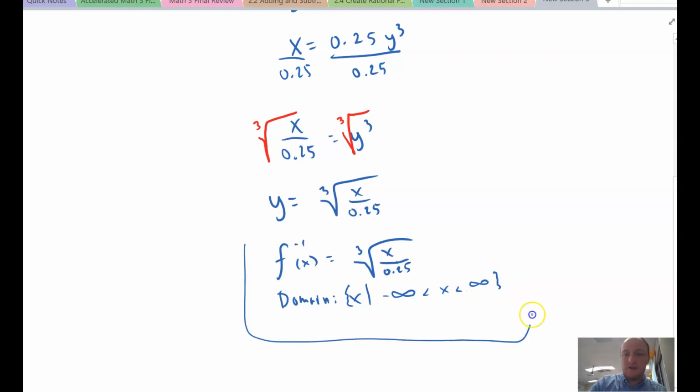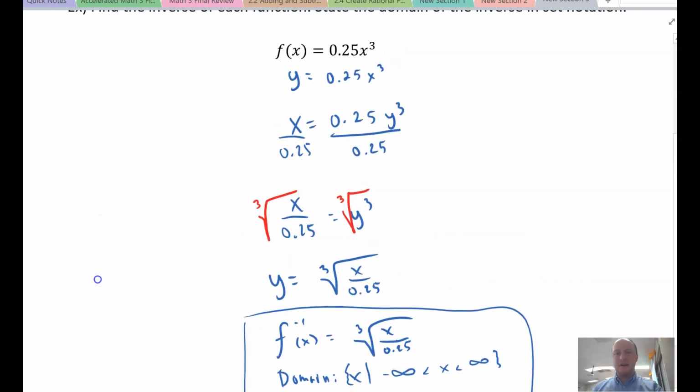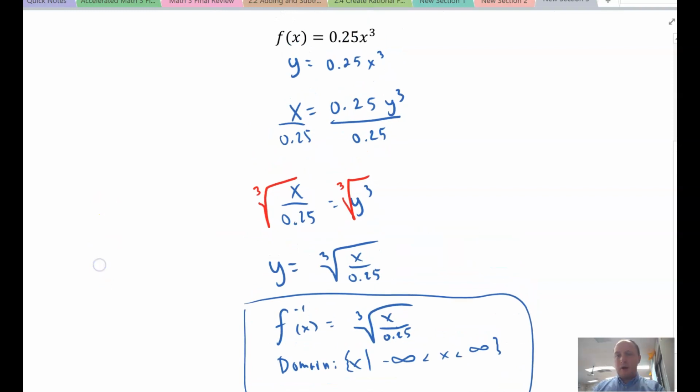Here's our inverse. Now, the other thing I want to talk about with this problem is that x being divided by 0.25 may be bugging you. It would bug me when I get to this step here, so I'm going to rewrite this. X is equal to 1/4 of y cubed, right? Isn't a quarter worth 25 cents? Oh, yes, it is.